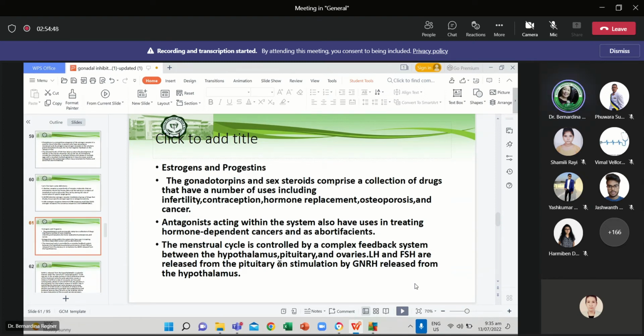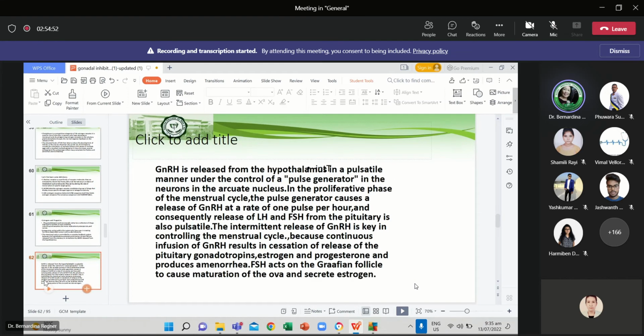Now, your gonadotropin releasing hormone is released from where? In what manner? It is in a pulsatile manner, under the control of a pulse generator in the neurons in the arcuate nucleus. Can you still remember your neuroanatomy?